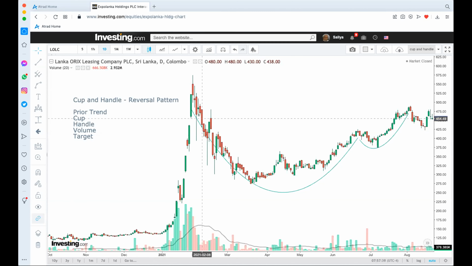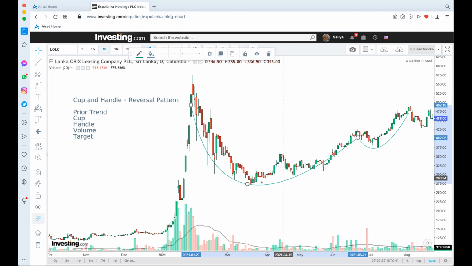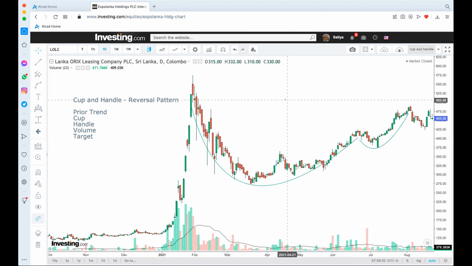So similarly, just like the previous pattern that we used on the other stock, we first of all figure out an area where we see a rounding bottom, right?